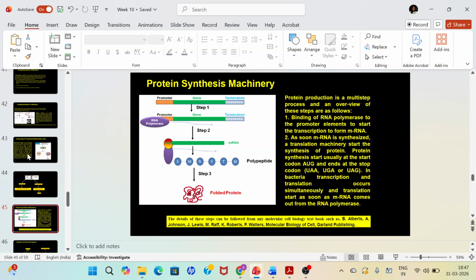In bacteria, transcription and translation occur simultaneously, and translation starts as soon as the mRNA comes out of the RNA polymerase. So in bacteria generally transcription and translation happen together, as we have read in the previous lecture. So that will happen here also. As soon as the mRNA comes out of the RNA polymerase, the translation process starts. Okay.